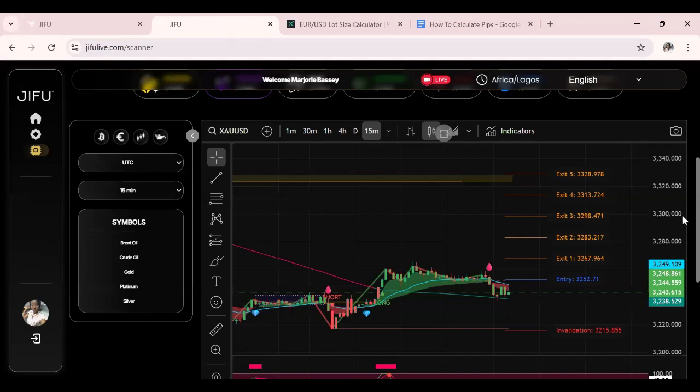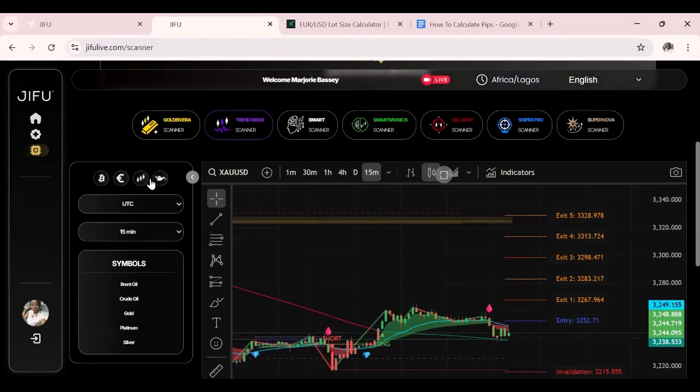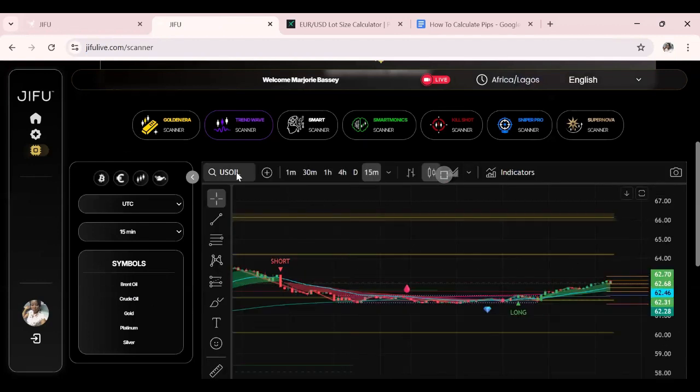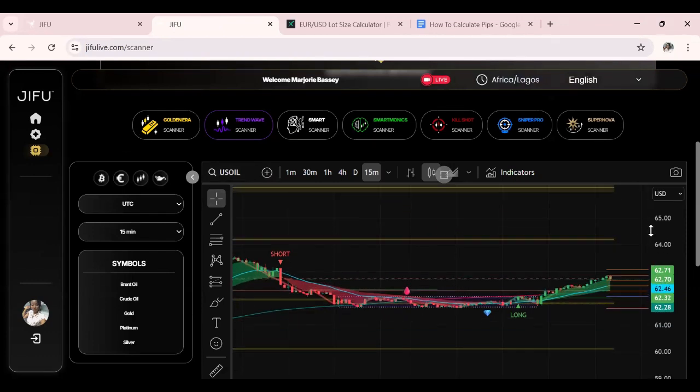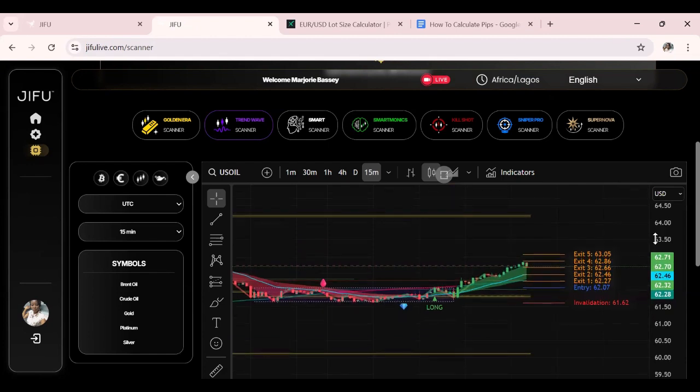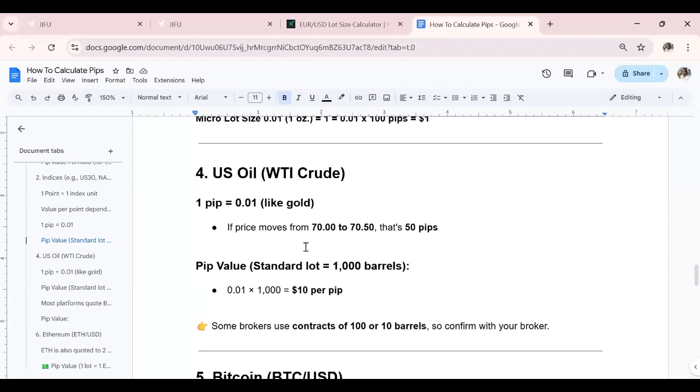It is always represented in 2 decimal places. On JIFU here, it's the one you call crude oil, and then on the ticker you see it as US oil. So you see how it's represented in just plain 2 decimal points.